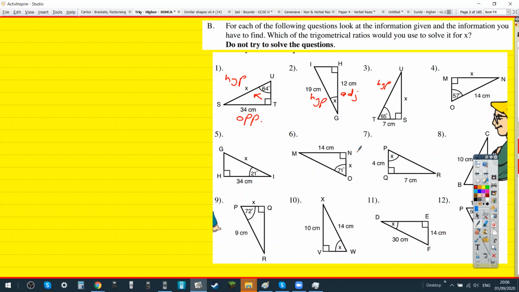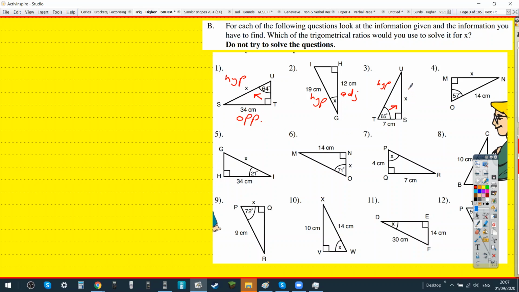So the opposite is TS. No, opposite 65. What side is opposite 65?